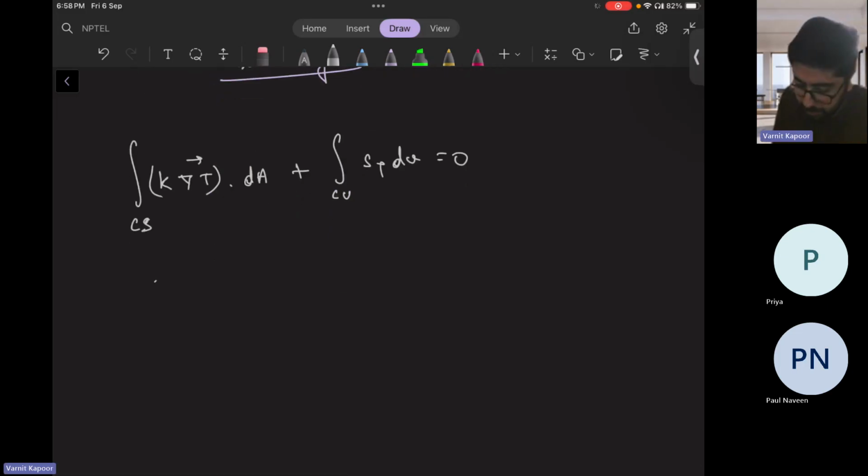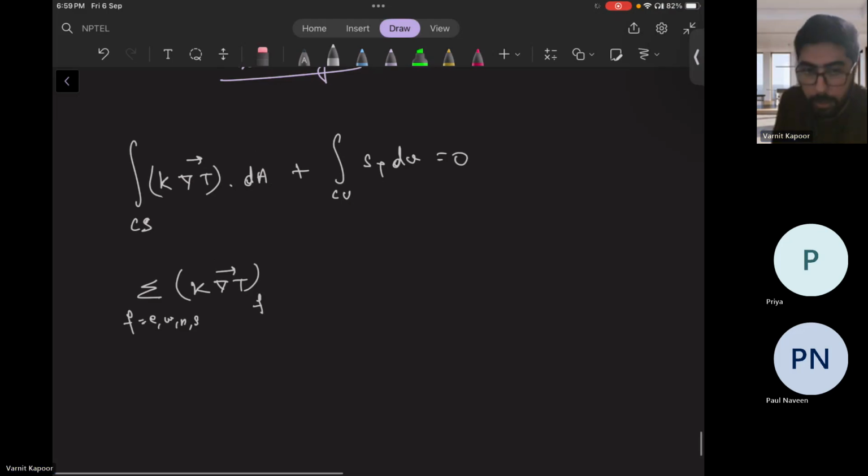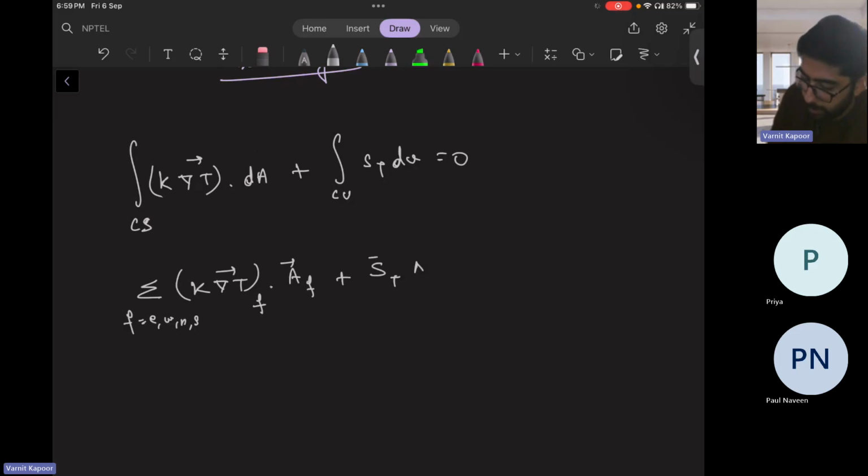This can be written as a summation over the neighboring faces, east, west, north, and south: K del T of all the faces dot A. Plus we assume averaging over the source, so S del V equal to 0.